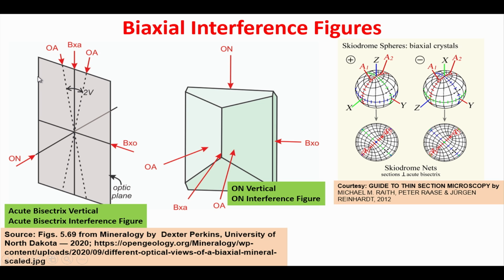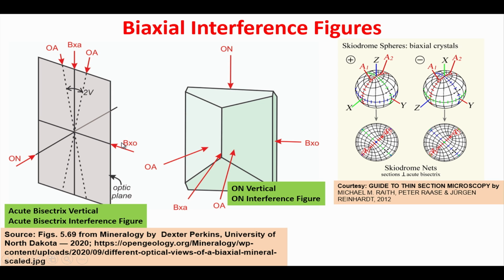And in this plane you have a direction which is the bisector of this acute angle and also the bisector of the obtuse angle. The direction which bisects the acute angle we call the acute bisectrix, and the one which bisects the obtuse angle we call the obtuse bisectrix.